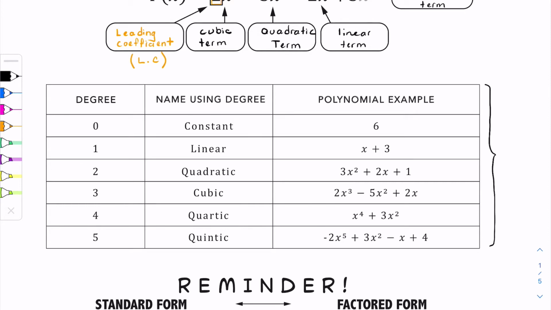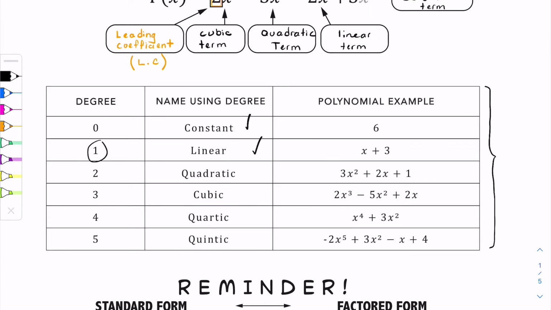I think most of these you already know. A constant term is just a value. My example is 6. There are no variables with constant terms. Linear has the highest degree of 1. Quadratic has a degree of 2. Cubic has a degree of 3.